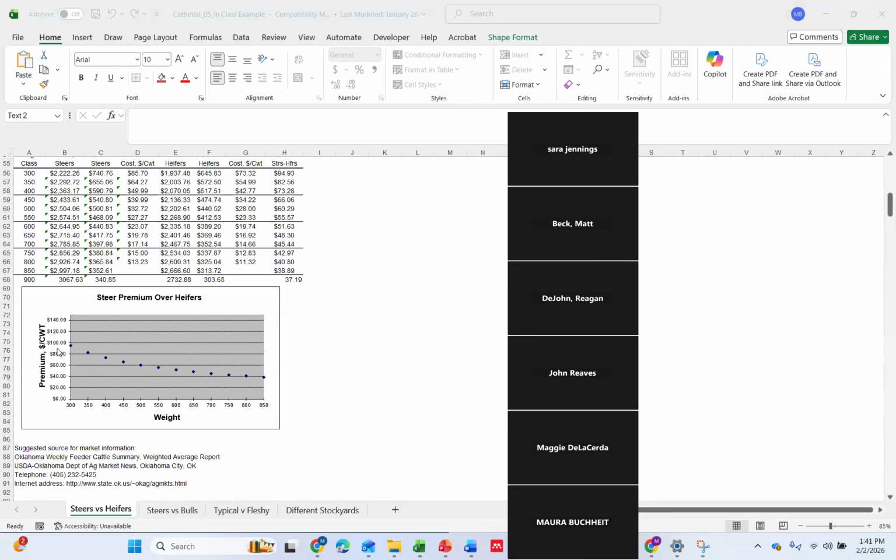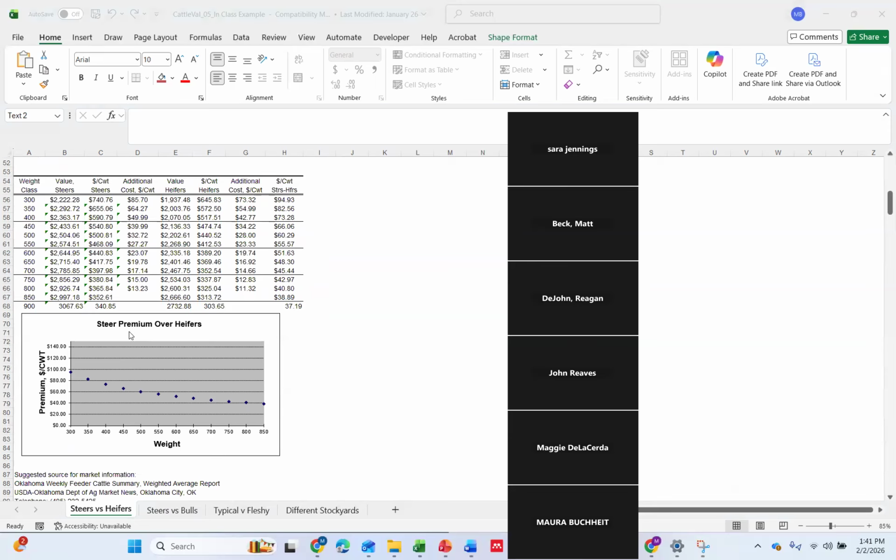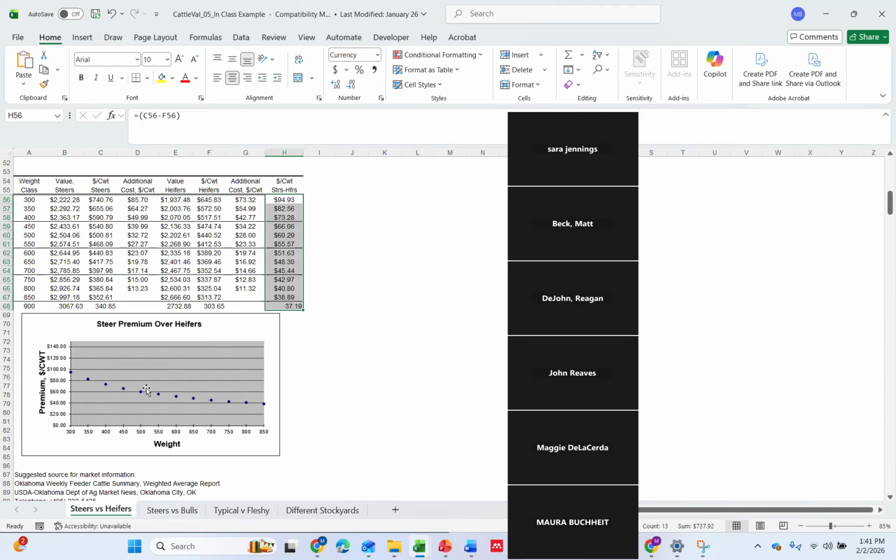Okay. And so here is that dollar per hundredweight premium chart that we've seen before. So this is the steer premium over heifers. And so this is based off of the actual value of steers versus the value of heifers in dollars per head. And that premium that steers receive kind of has a diminishing return, right?